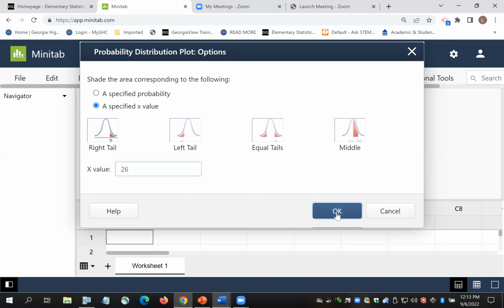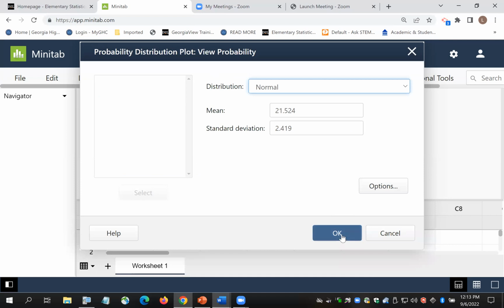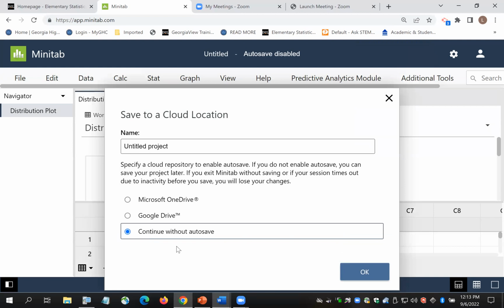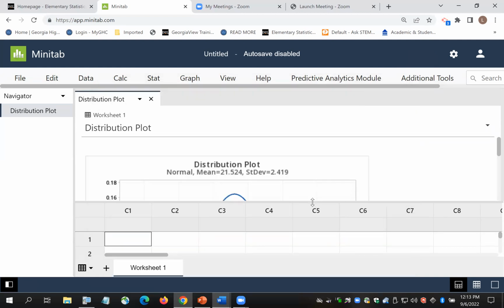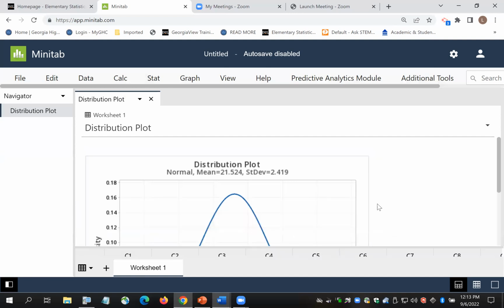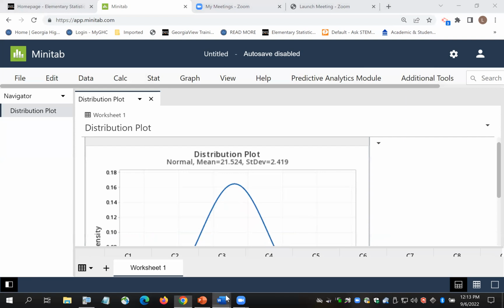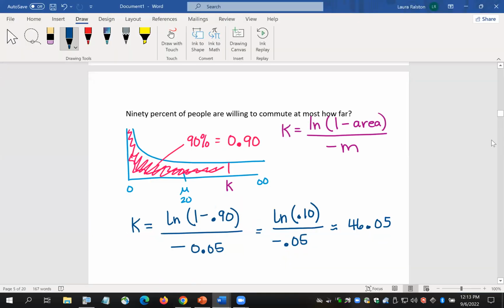And I click OK, OK. And in the top, I get this nice graph, and I'm going to copy it over to a piece of paper so we can look at it and I can talk about it.